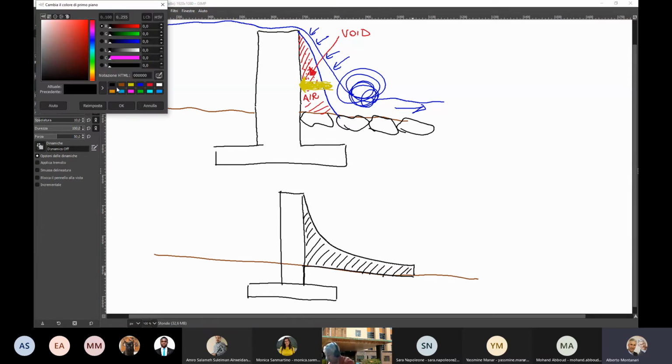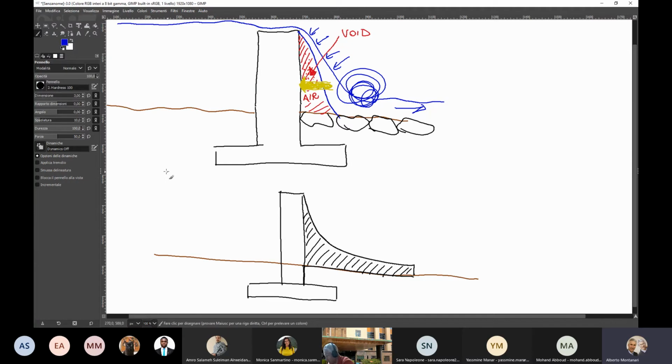So what water does in this case is, upstream, it passes through the barrage and then goes down, accompanied by this structure. And there is no separation between the water flow and the accompanying structure.